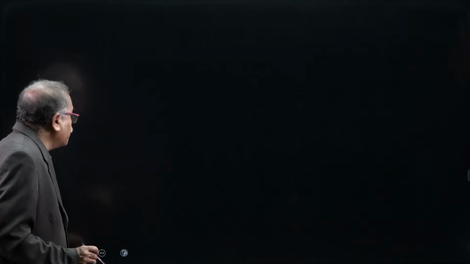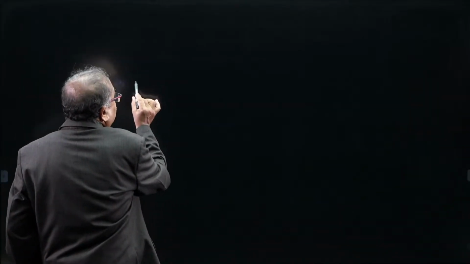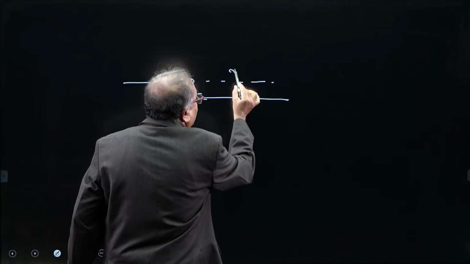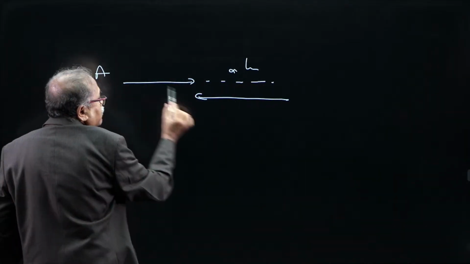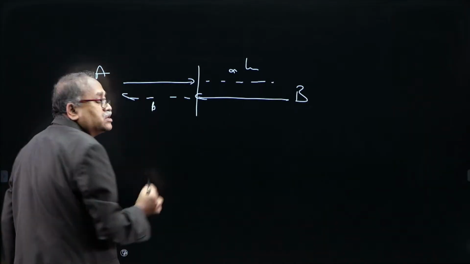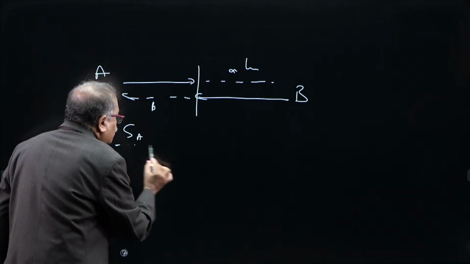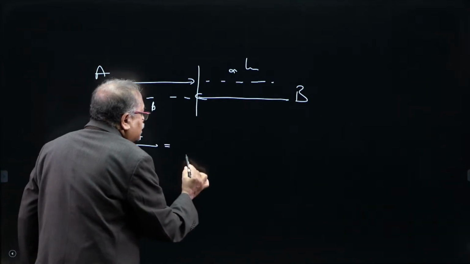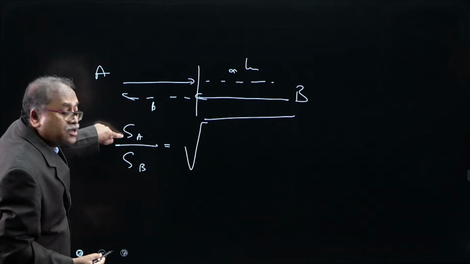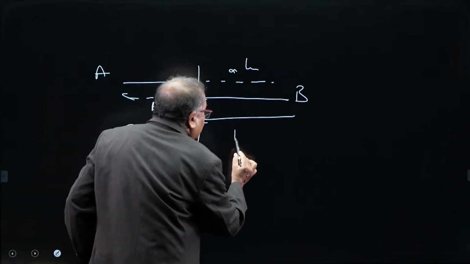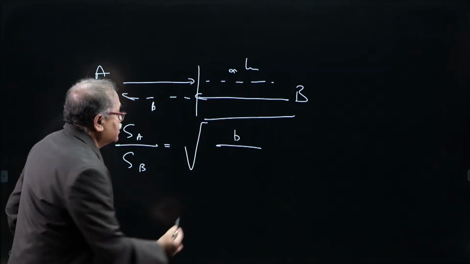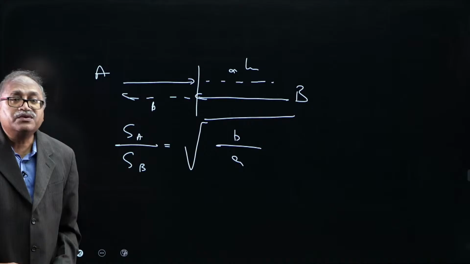There is a formula, right? So say that after they meet, if A takes A hours and B takes B hours, then the speed of A to speed of B is equal to the square root of the time taken by B by the time taken by A after crossing. This is the formula.